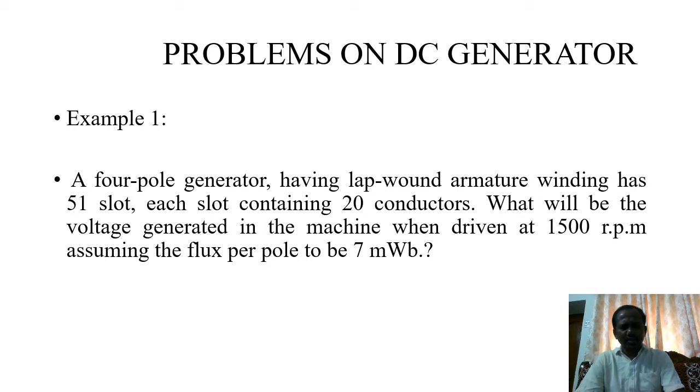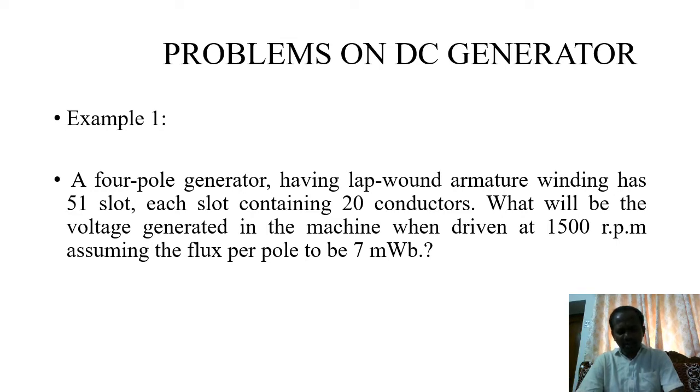You know that, for example, in a series generator, the series field is connected in series with the armature winding across the load. Voltage V is across the load, and the series field is different.